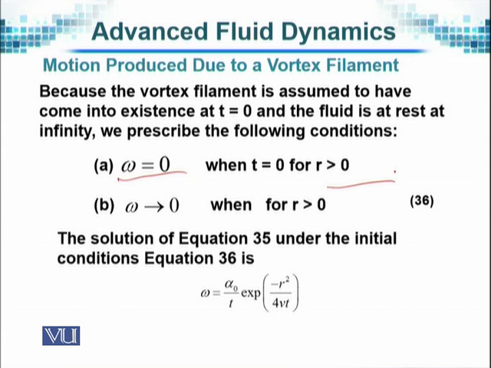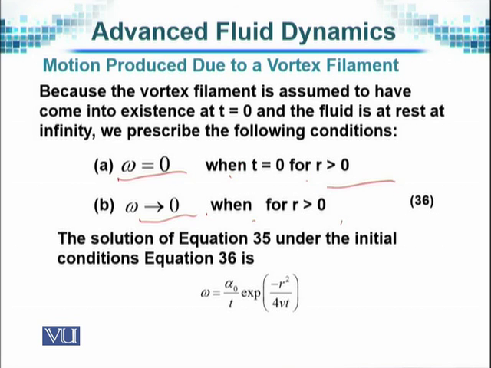So within the vortex filament this is the condition for vorticity, and this tends to 0 for large values of r. You remember that this reflects the initial term, and this reflects when the motion has taken effect, when time is greater than 0.